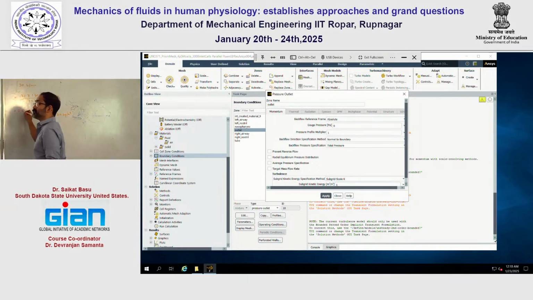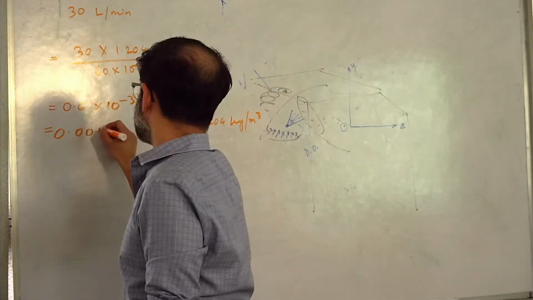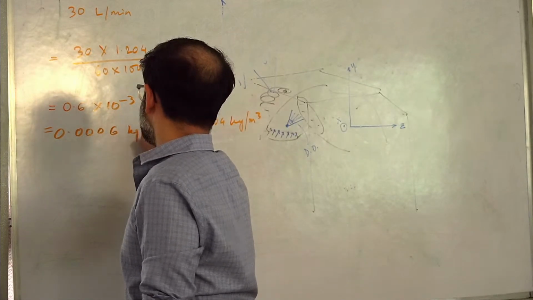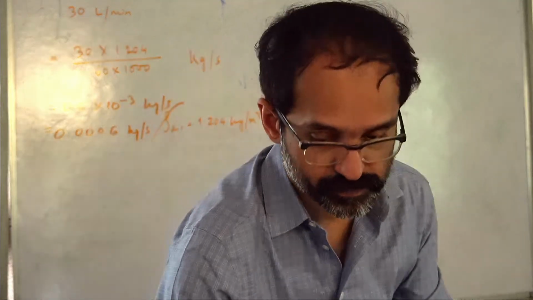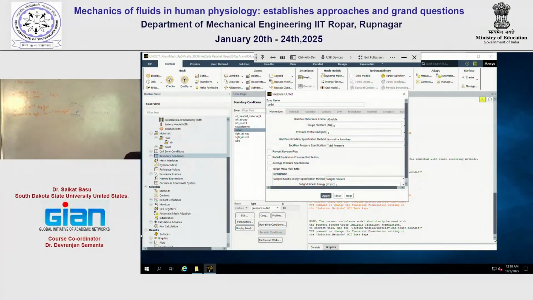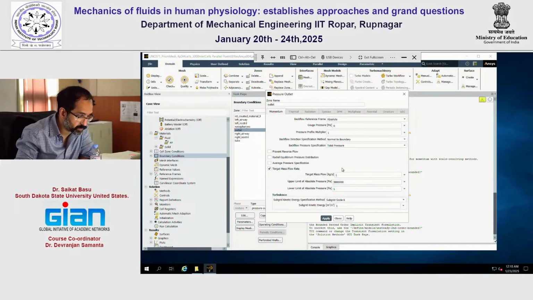0.6 into 10 to the power of minus 3 kg per second. So 0.0006 kg per second. So we can set that up over here under the targeted mass flow.